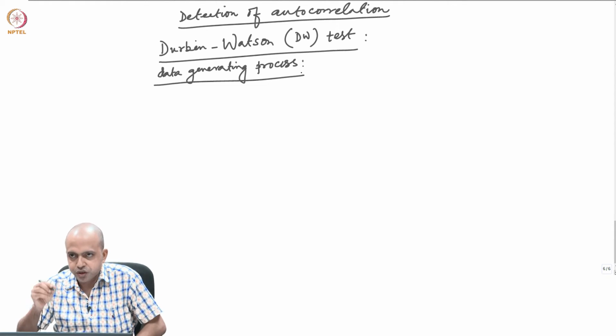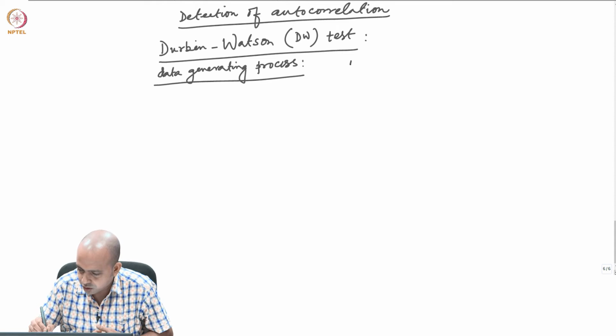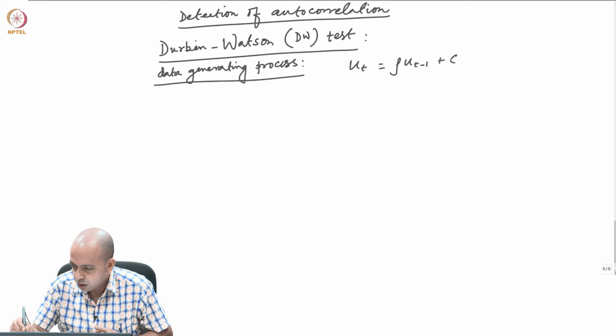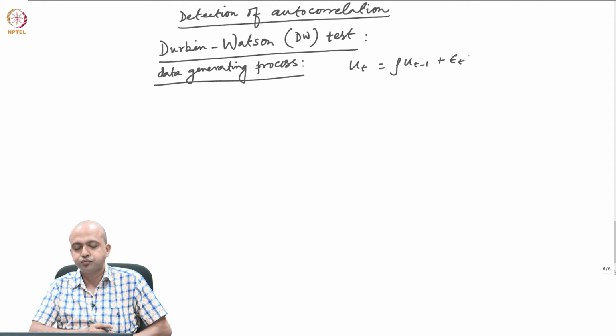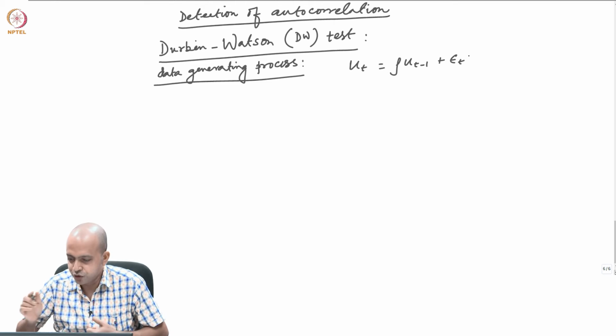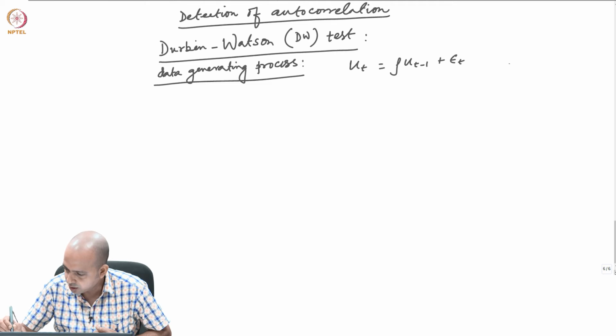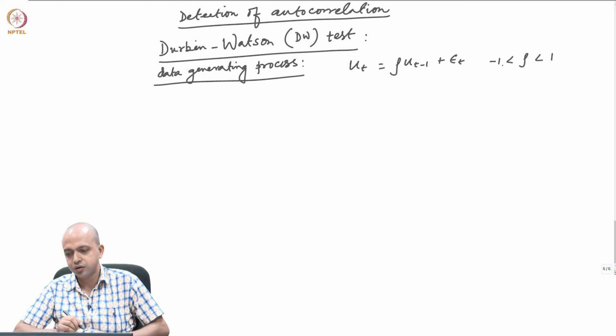It shows the error term is u t equals to rho u t minus 1 plus epsilon t. That means the error term u t is correlated with u t minus 1, and here rho is between plus and minus 1.